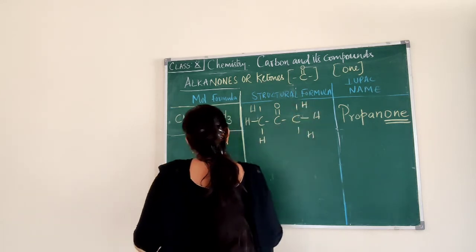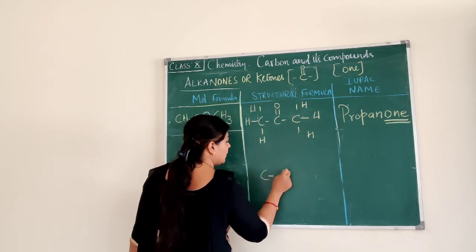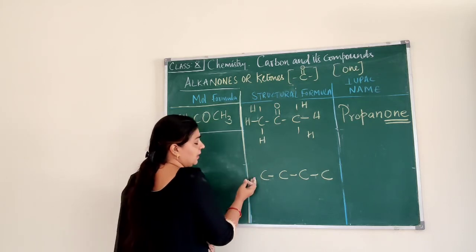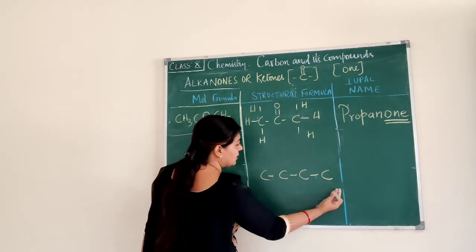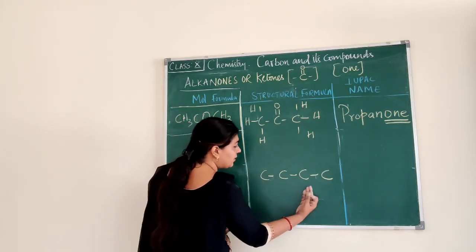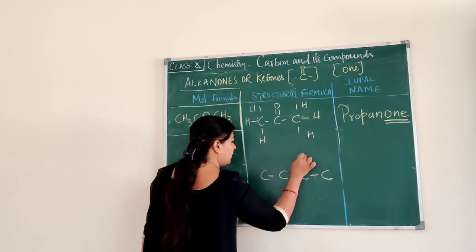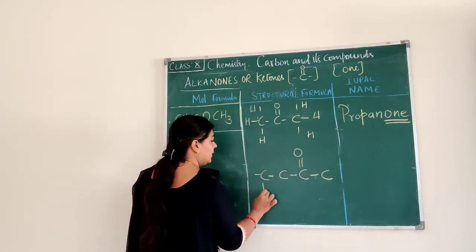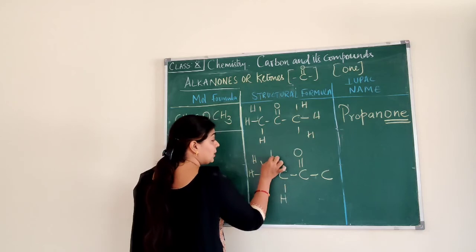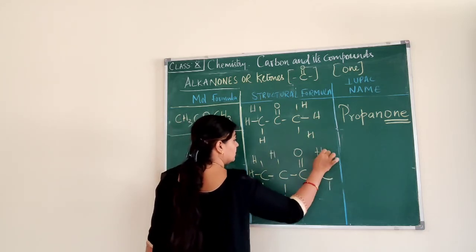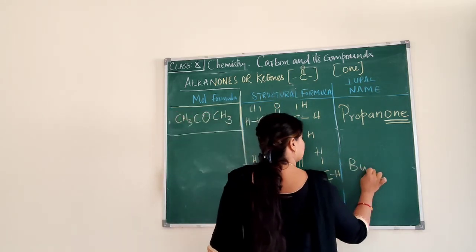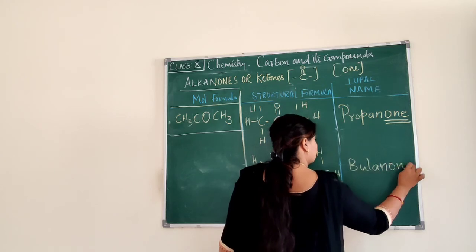So let us do one more, for butane. Butane is 4 carbon atoms, and I told you the ketone we don't put at this end or this end, so you can put it in the middle. You can put it on the second carbon atom or the third carbon atom. Anywhere you can put the ketone group. Then write the structural formula for butanone.